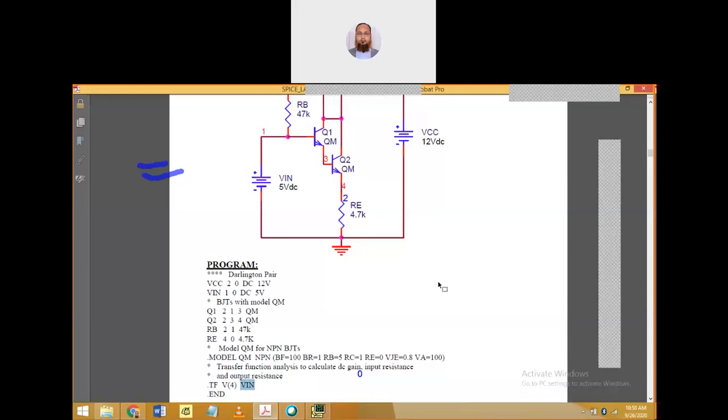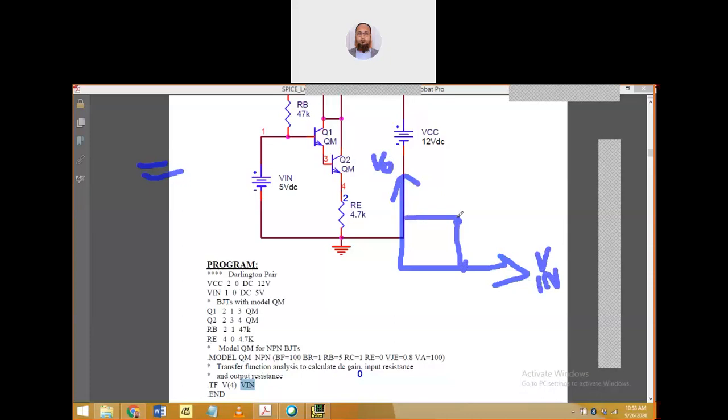If we are at DC, we are at a fixed point. If we take the x-axis and y-axis, the output voltage here will be fixed and the input voltage is fixed at 5 volt. Corresponding to that, the output will be displayed here.